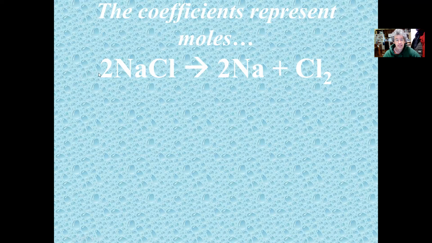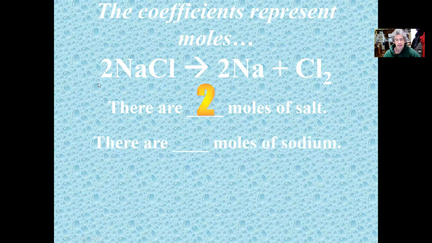So what this is saying is 2 moles of NaCl reacts to yield 2 moles of sodium plus a single mole of chlorine gas. So if you're asked how many moles of salt are there, well, it's 2. If you're asked how many moles of sodium are there once it's decomposed, again, you have 2.